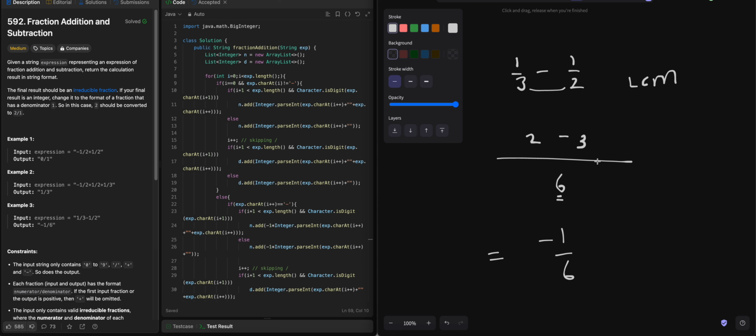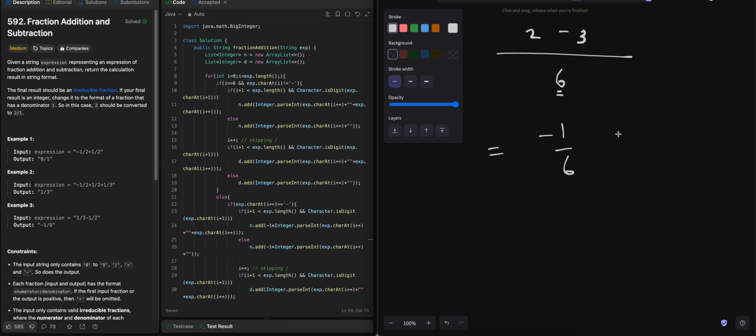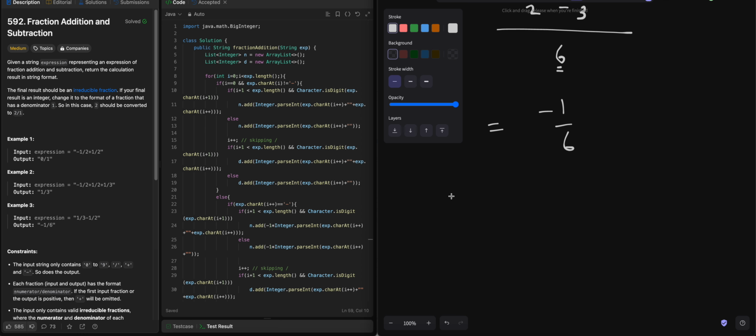Before we go forward, one thing we figured out is that for all the fractions we have to figure out the LCM of all the denominators. So how to calculate the LCM? The formula of LCM of a comma b, if I want to find out, would be equal to a multiply by b, divided by the GCD of a comma b.